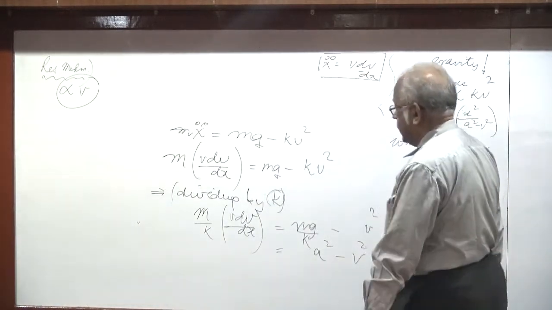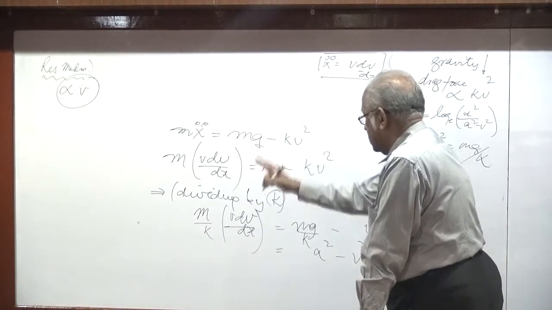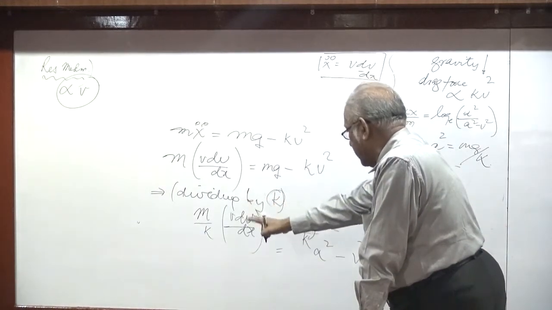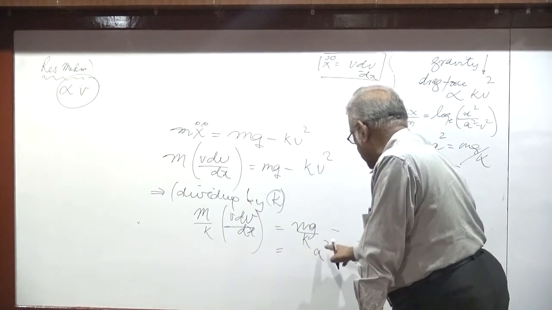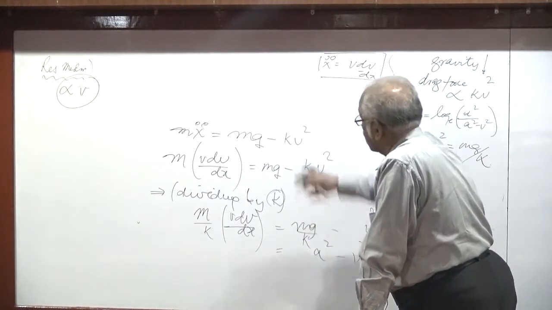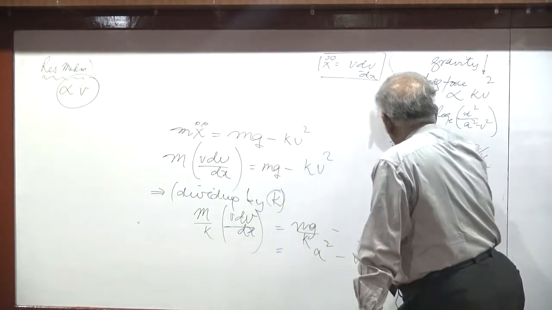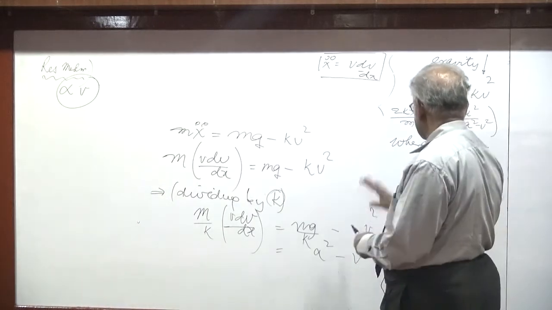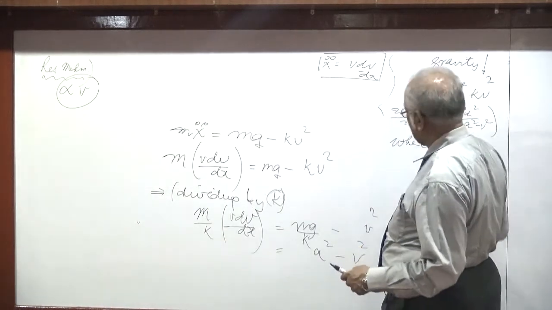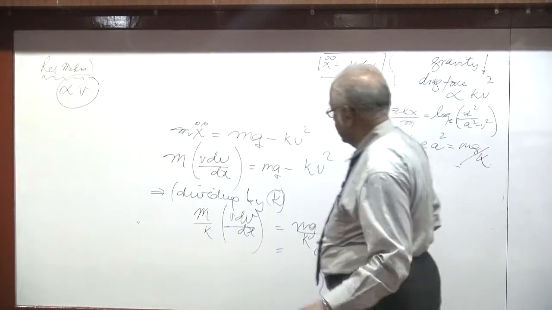So our ultimate equation is m over k v dv/dx is equal to a square minus v square. This is what we will put up on the board, rub out portions from here, because these are no longer necessary, although of course I'll keep this for a while.